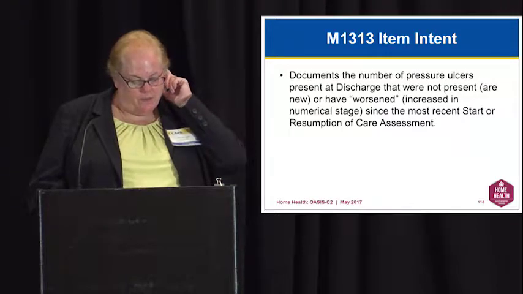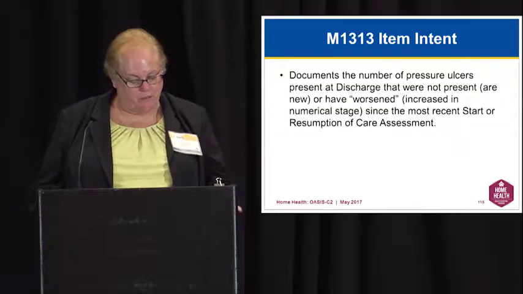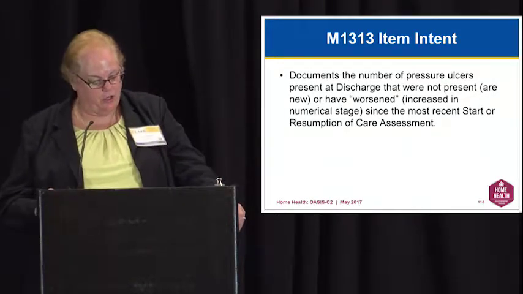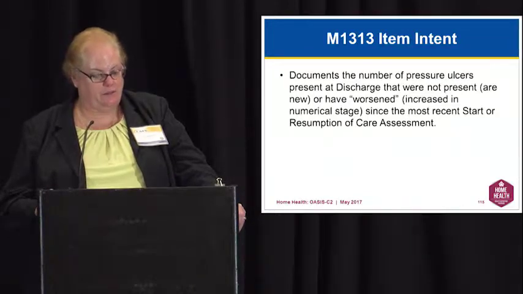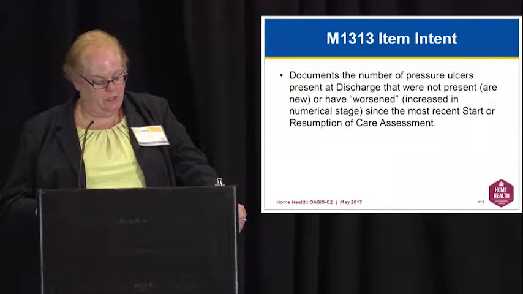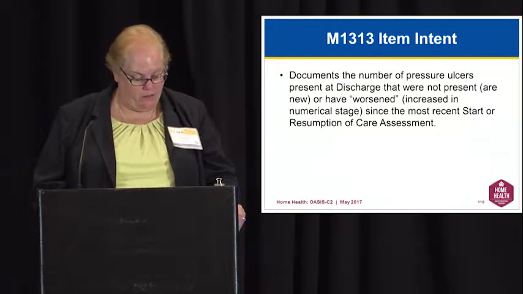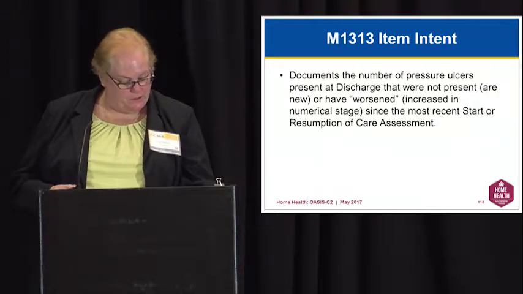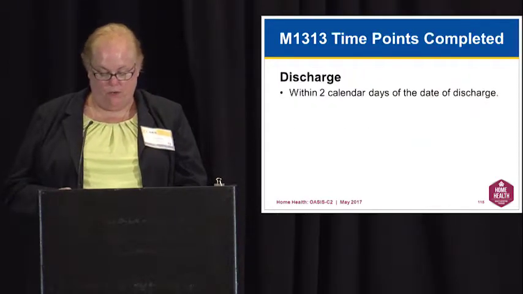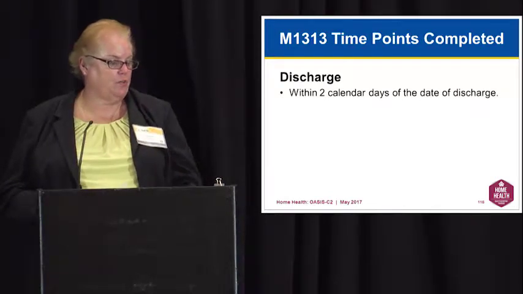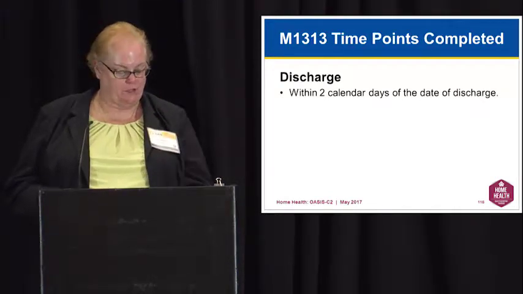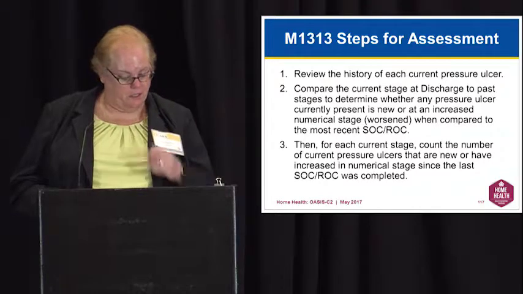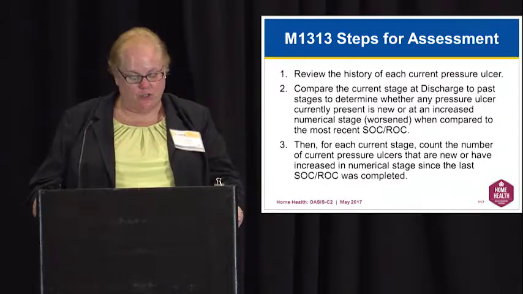The intent here is to document the number of pressure ulcers present at discharge that were not present, meaning they're new, or have worsened, increased in numeric stage, since the most recent start or resumption of care. When we're looking at the time points, discharge is within 2 calendar days of the date of discharge. You know that. So review the history of each current pressure ulcer.